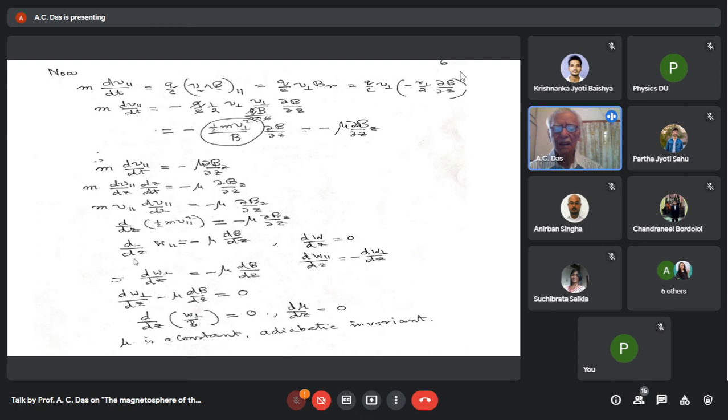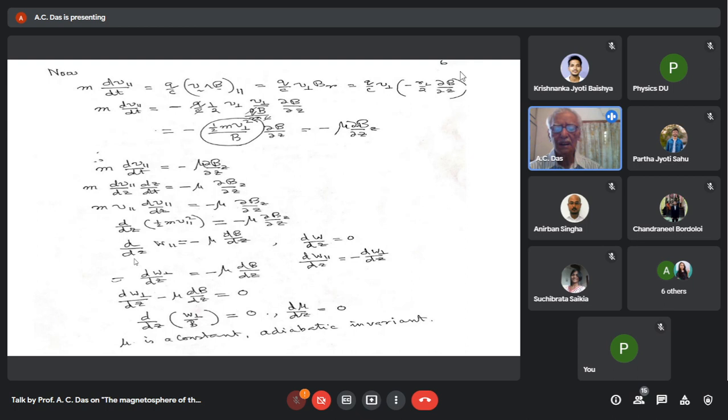Now, if you have a slowly varying magnetic field in time, B(t), then we have dB/dt equals minus c curl of E. And if the particle moves along the direction of the magnetic field with an electric field in it, then the energy associated with the particle would be given by Q E dot dl.